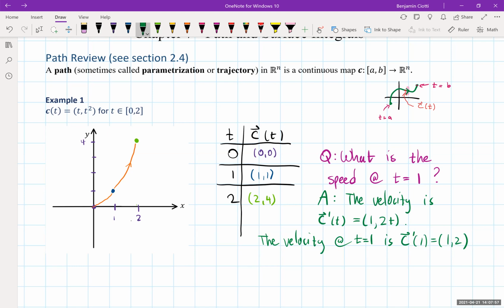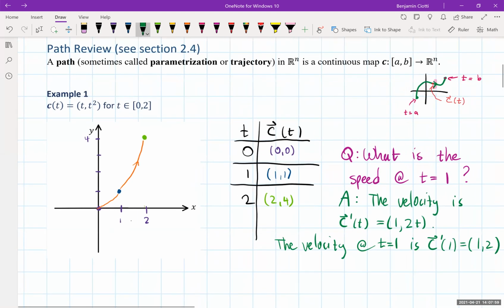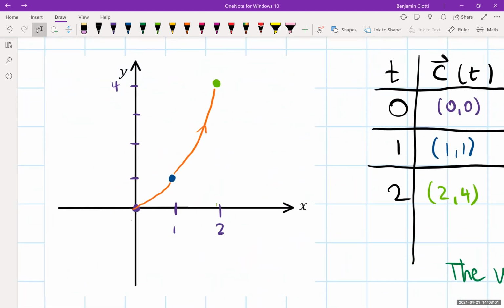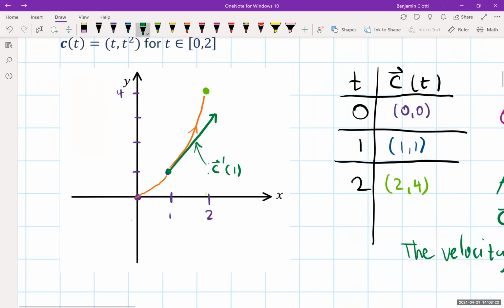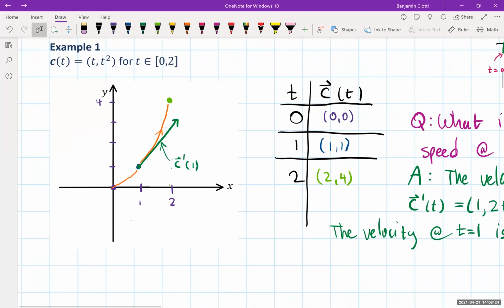If I zoomed into the trajectory and looked at the position corresponding to time 1, apparently we're going 1 over, 2 up. This is our velocity, c prime at 1. It's the direction we're pointing in, the tangent to the path or the curve at that time. And its length is our speed.